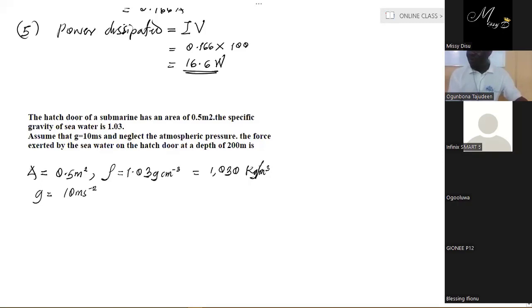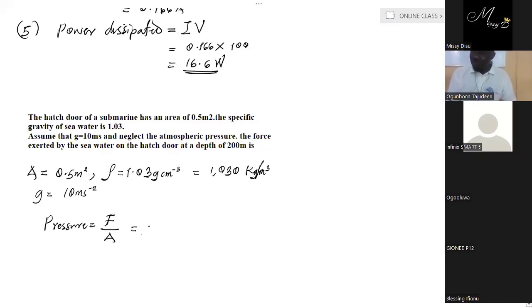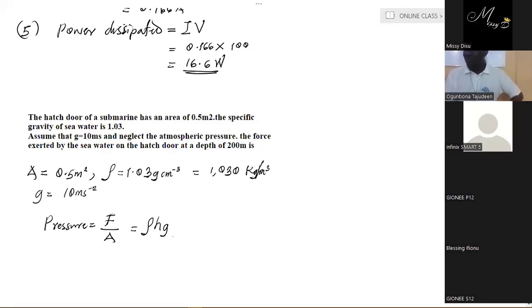Now, if you look at that religiously, what we are given here is specific gravity. And if you look at pressure, pressure is always equal to force over area. Then it's also equal to rho hg. Is that okay? Rho hg.